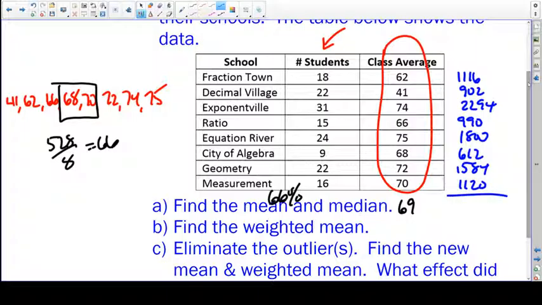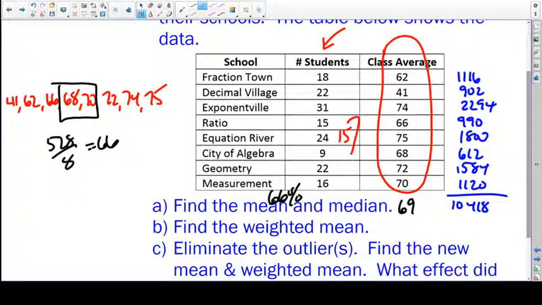So we do need to total all those numbers, and we get 10,418, and we have to divide by the total number of students. The total number of students would be 157.